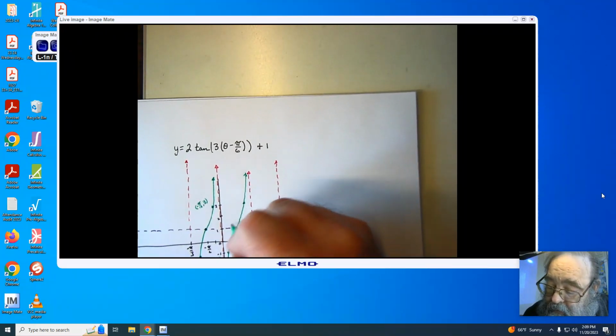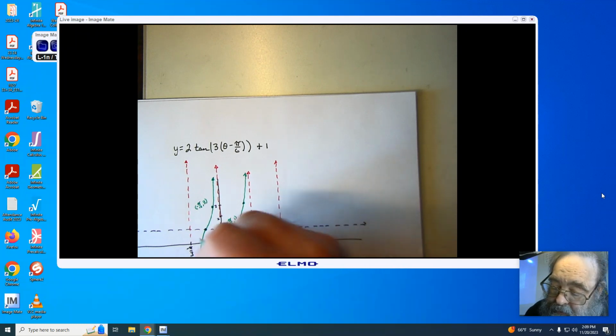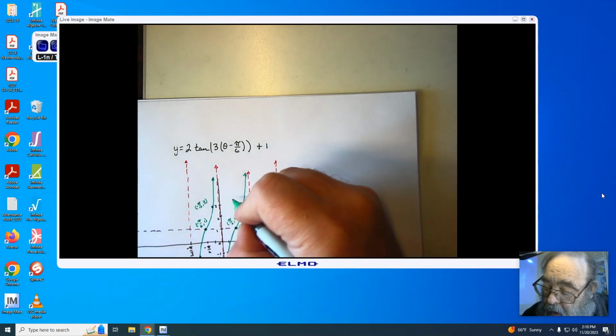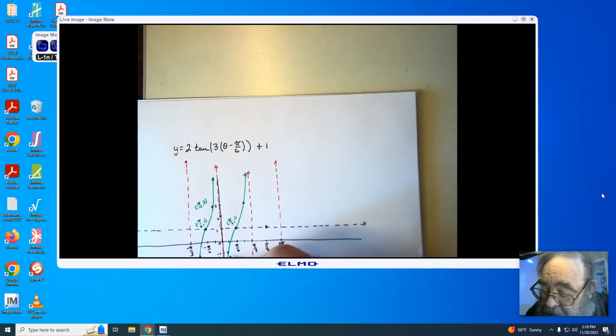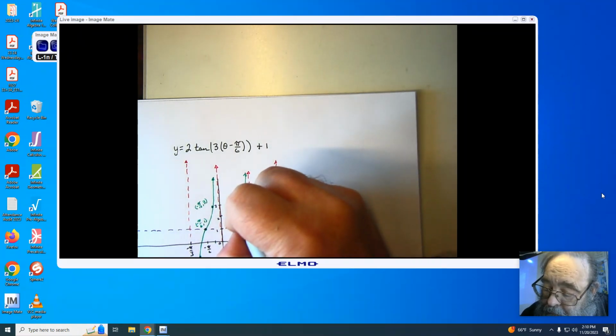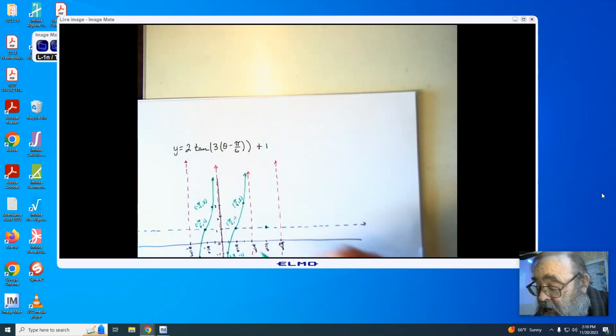Plot my points. Pi over 6 is at 1, just like negative pi over 6 was at 1. This was at negative pi over 12. And it's at negative 1. And this was pi over 4 at 3.